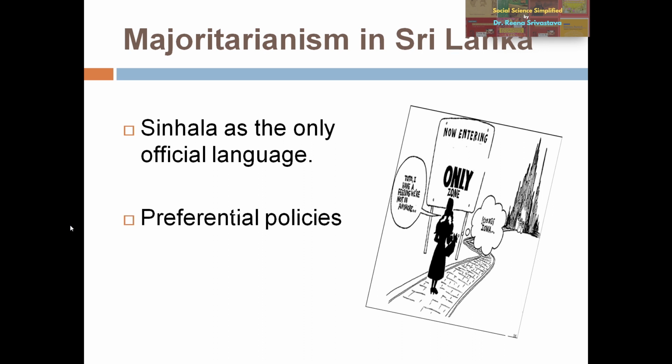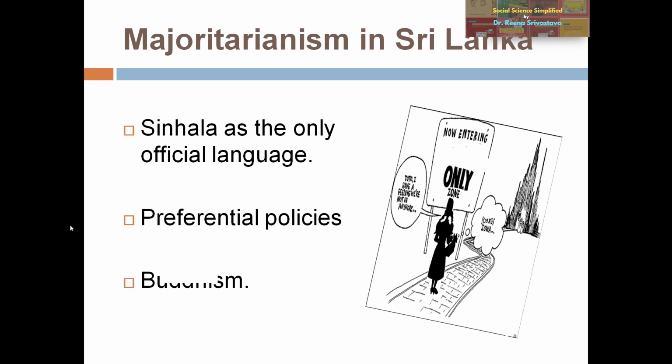And then later on, they started following preferential policies. They started giving preference to the Sinhala applicants for government jobs and even in university admissions, neglecting or rejecting the Tamil applicants.